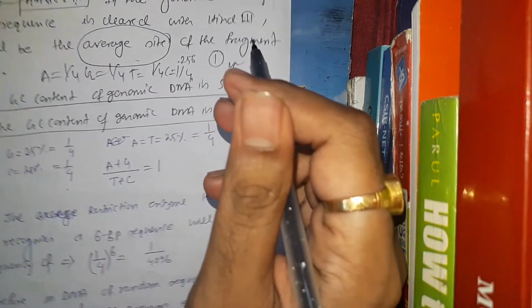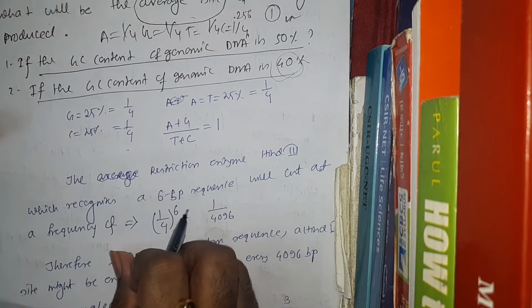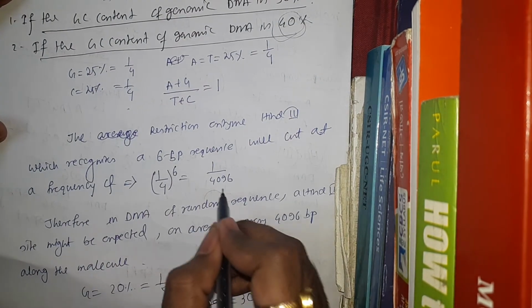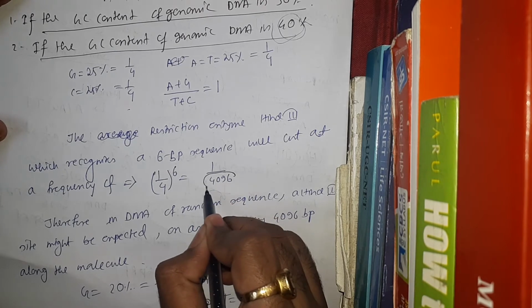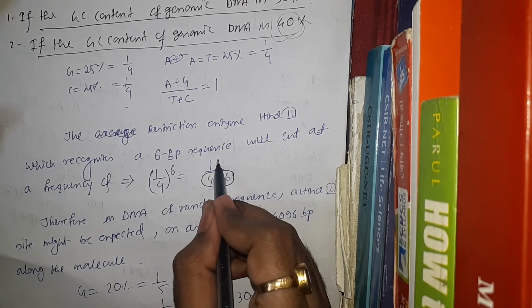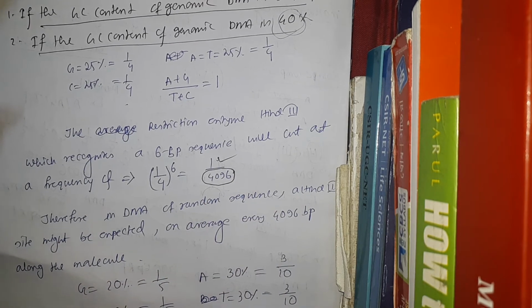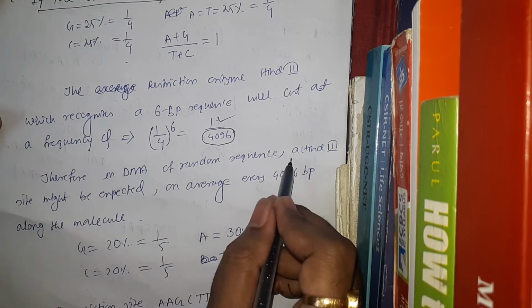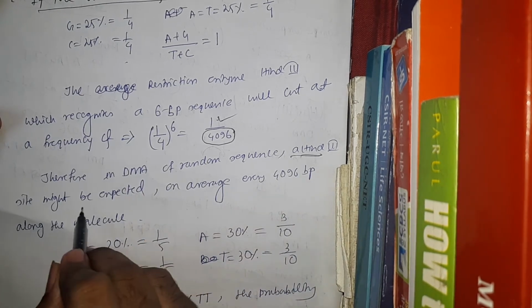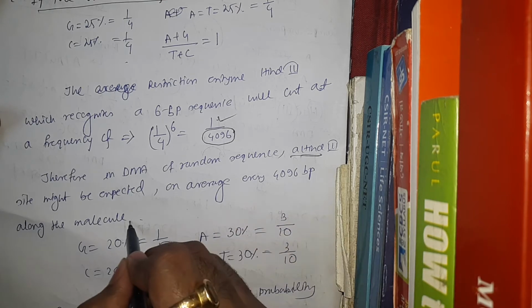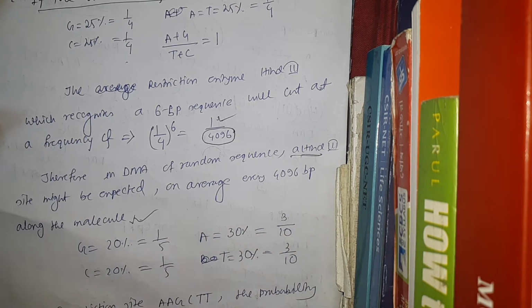So we can conclude that the answer will be 1 by 4 to the power 6. That means every 4096 base pairs there will be one recognition site. Therefore, in a DNA of random sequence, a HindIII site might be expected on average every 4096 base pairs along the molecule. That is what they want to tell us.